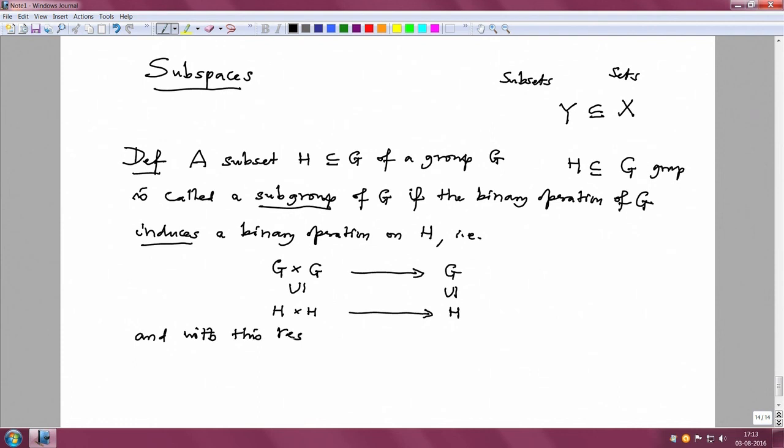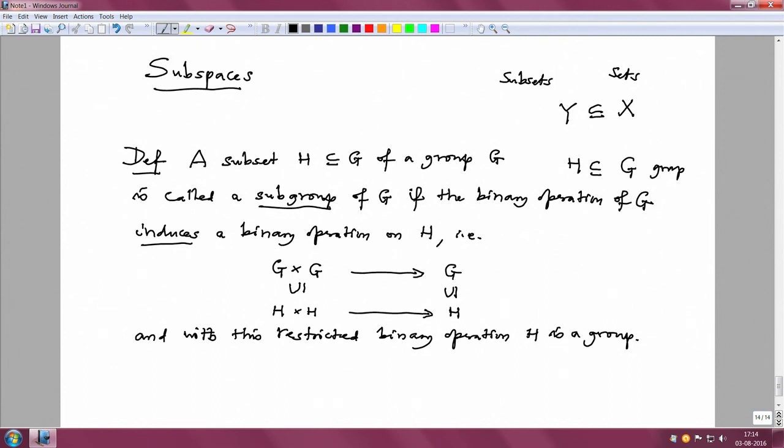this restricted binary operation, H is a group. That means it should have identity. First of all, the binary operation is associative, which is obvious because it is a restriction.